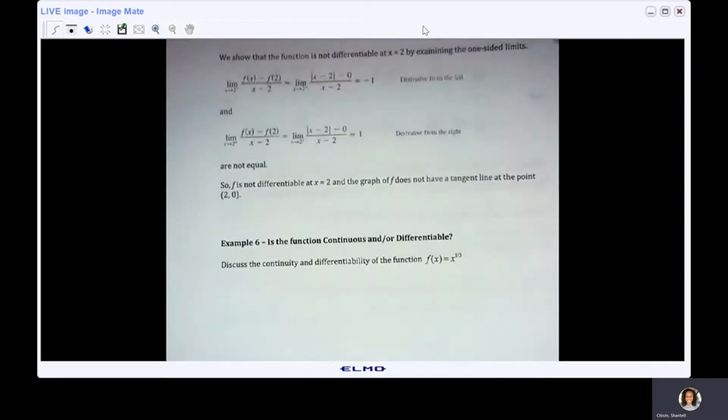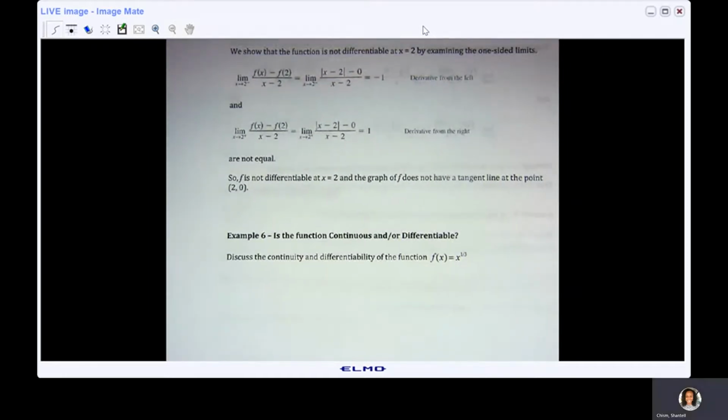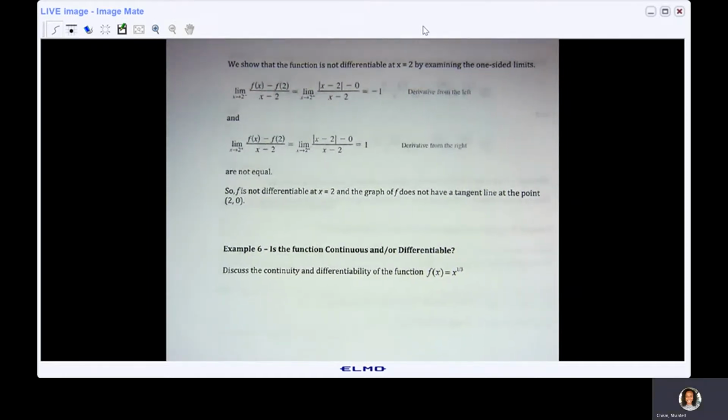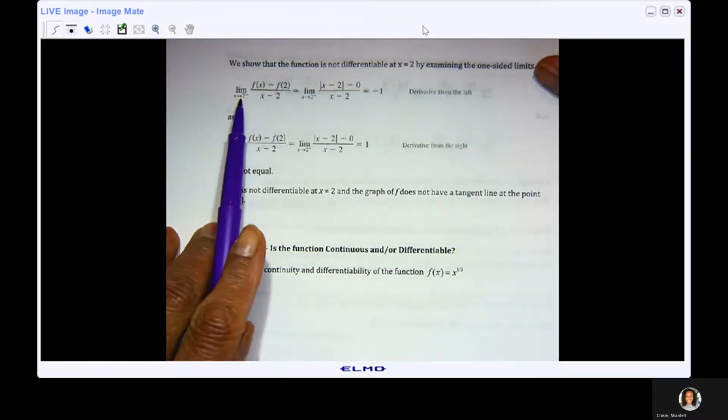And then you can actually look at the limit, not just looking at one side.